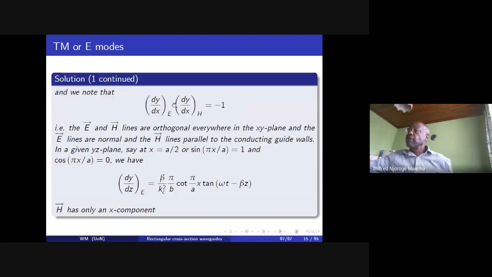So we note that the product of dy/dx of E and dy/dx of H is going to be equal to -1.